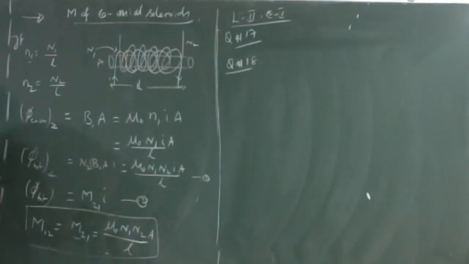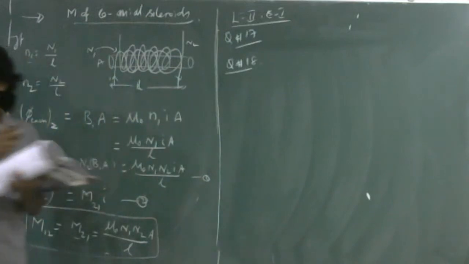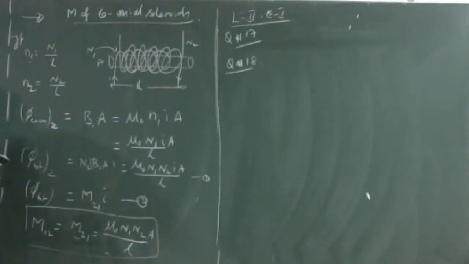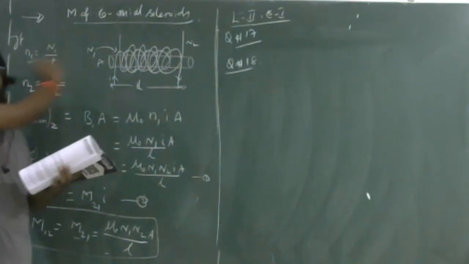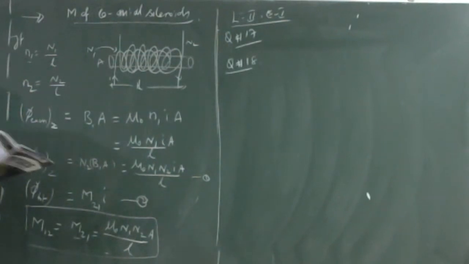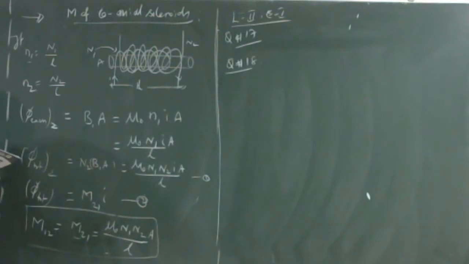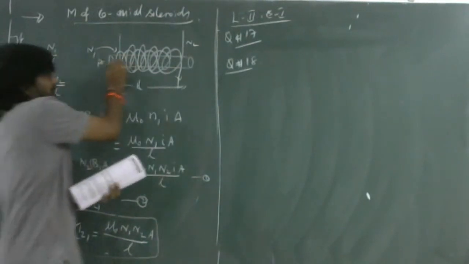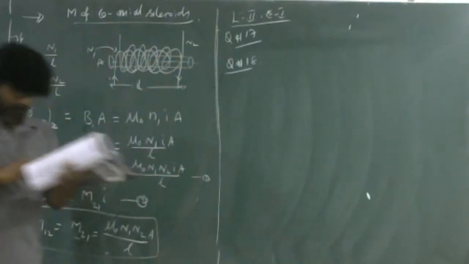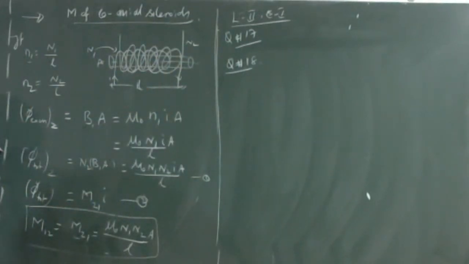A long solenoid of length L, and cross sectional area A, having N1 turns, now has wound about its center another small coil of N2 turns. N2 will be different from N1.